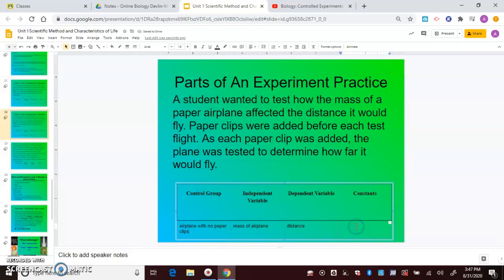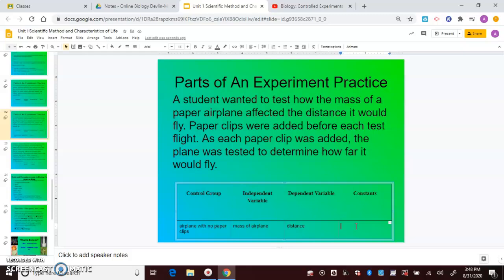Okay, so what are then some constants? You want to think about what are things that would have to stay the same between a normal paper airplane with nothing on it versus an airplane that has now had paper clips added to it. Well, it would have to be the original airplane.